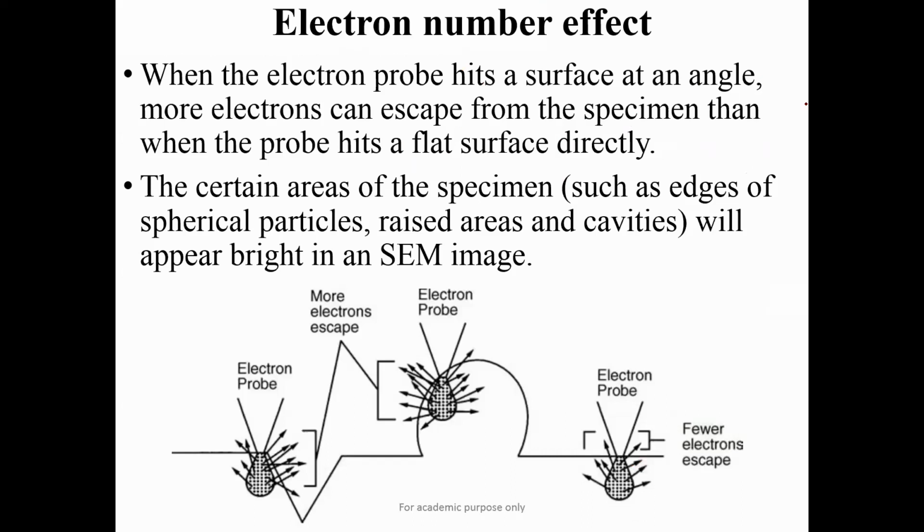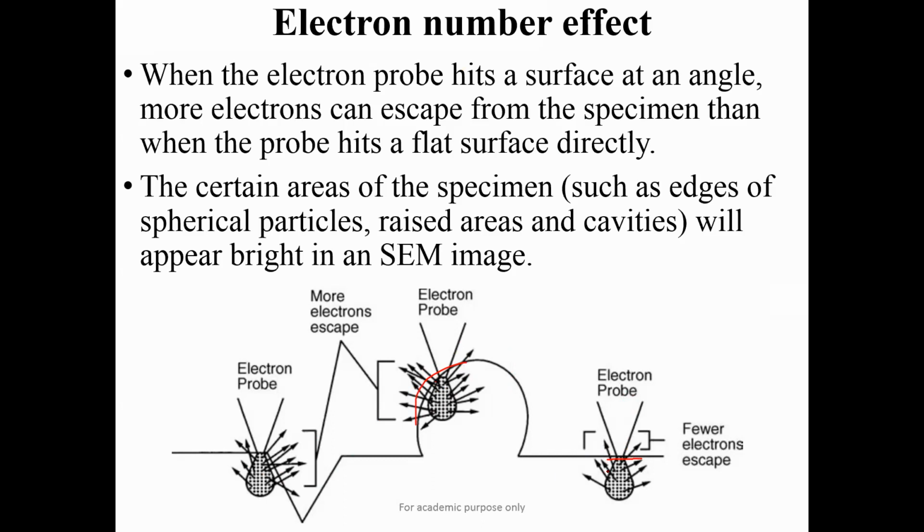Then the electron number effect. Suppose your sample has some features, valleys and then some hills. Let's consider this one. When the electron probe hits something flat, a fewer number of electrons will reach the detector.